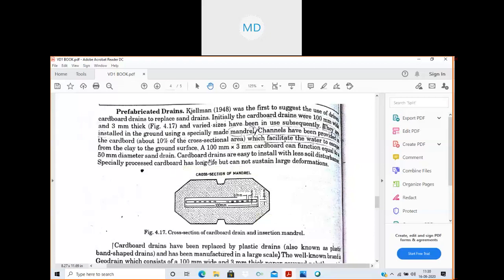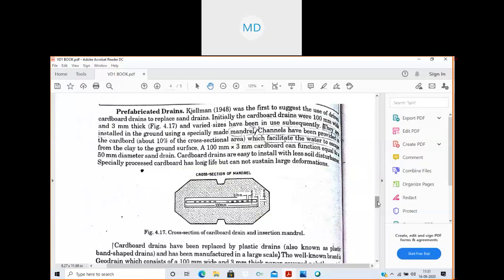Cardboard drains are easy to install with less disturbance, and specially processed cardboard has a long life but cannot sustain large deformation. Of course, since it is cardboard, it won't be able to sustain large deformation, but these drains are easier to install. With time, we generally prefer prefabricated drains nowadays, which are modified versions of cardboard drains.